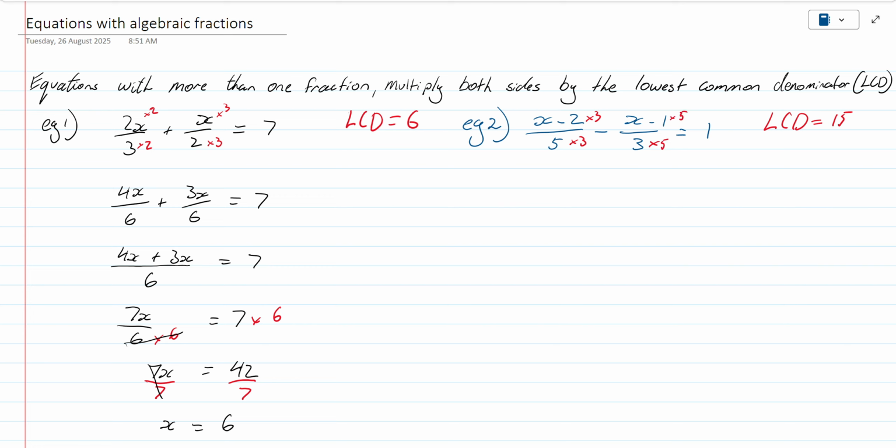Now I'm going to simplify this time fully without the multiplication of the numerator. So I'll show you what that looks like. On this side, we're going to have 3 outside of x minus 2 minus this numerator's multiplication, 5 outside of x minus 1 over a single 15.